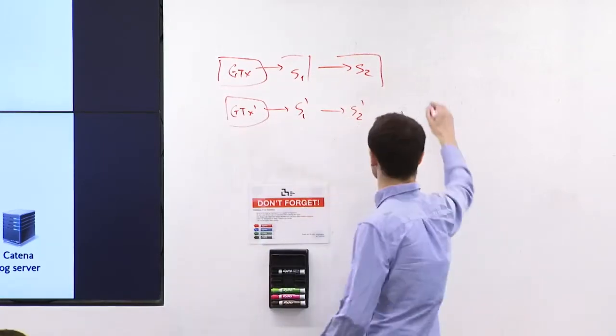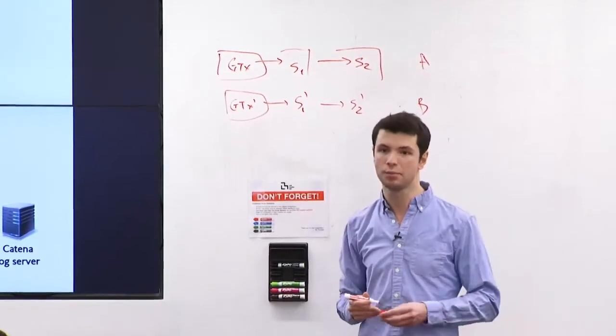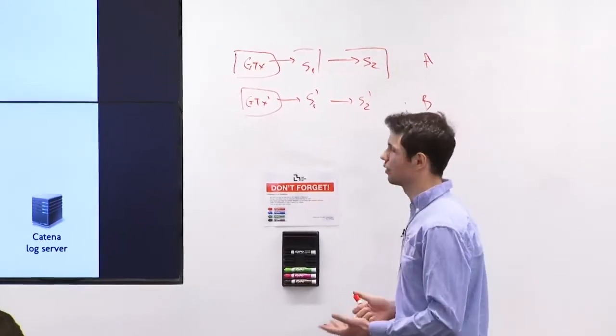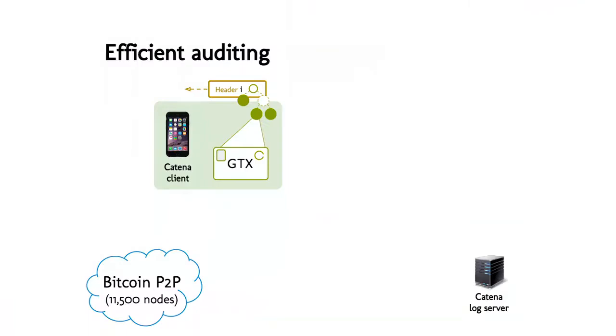So if Alice uses GTX, but Bob uses GTX prime, Alice and Bob are back to square one. So in some sense, you might ask, OK, so then what's the point? What have you solved here? I still need to get to this GTX, right? So what we claim is that this is a step forward because you only have to do this once. Once you got this GTX, you can be sure you're never equivocated to.